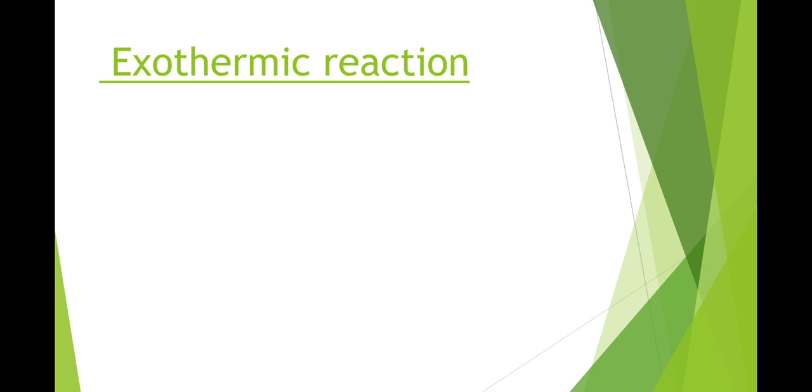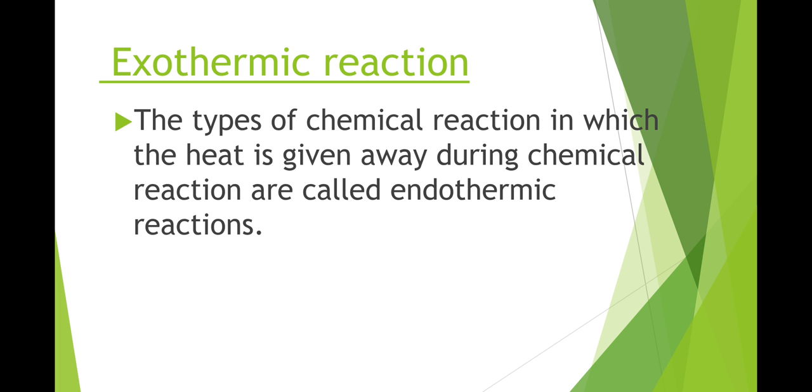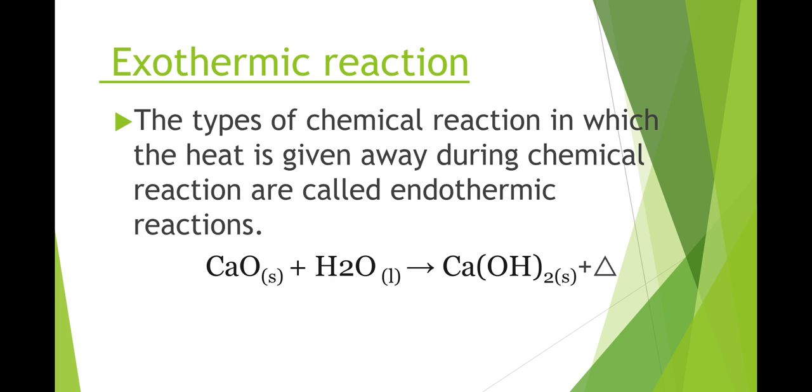Means if the environment is cooling, the reaction will be an endothermic reaction. Now the next part, exothermic reaction. It is exactly opposite of endothermic reaction. It is the type of chemical reaction in which heat is given away or released during a chemical reaction. The example we have to study is calcium oxide treated with water. It gives us calcium hydroxide and heat is released.